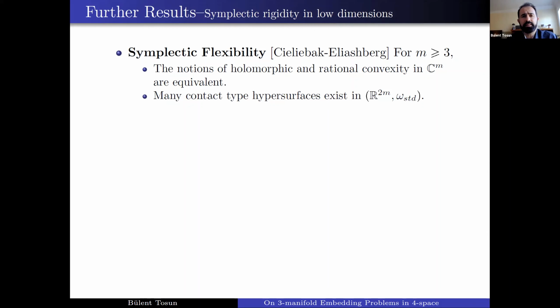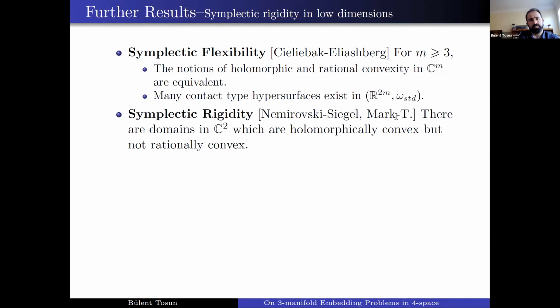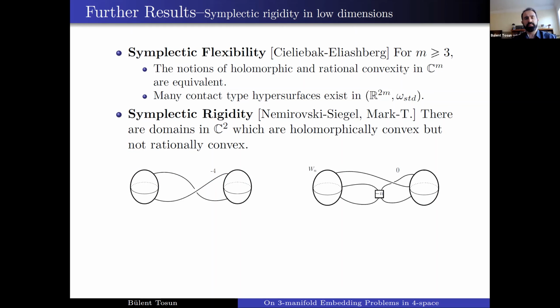On the other hand, in complex dimension 2, results of Nemirovski and Siegel, and some more results of myself with Mark, show that indeed there are domains in C2 which are holomorphically convex but not rationally convex. So here are 2 such examples. Here is a single example. This was found by Nemirovski and Siegel. Let me call it NS. Why not?